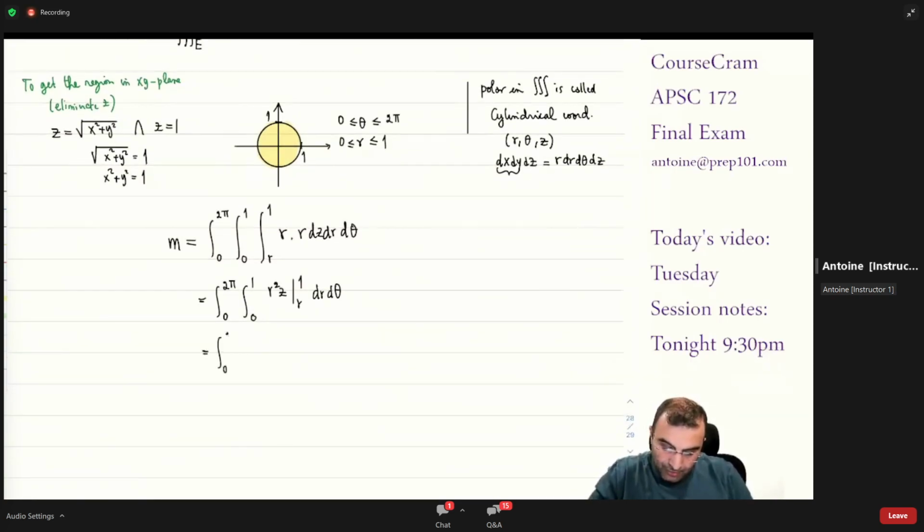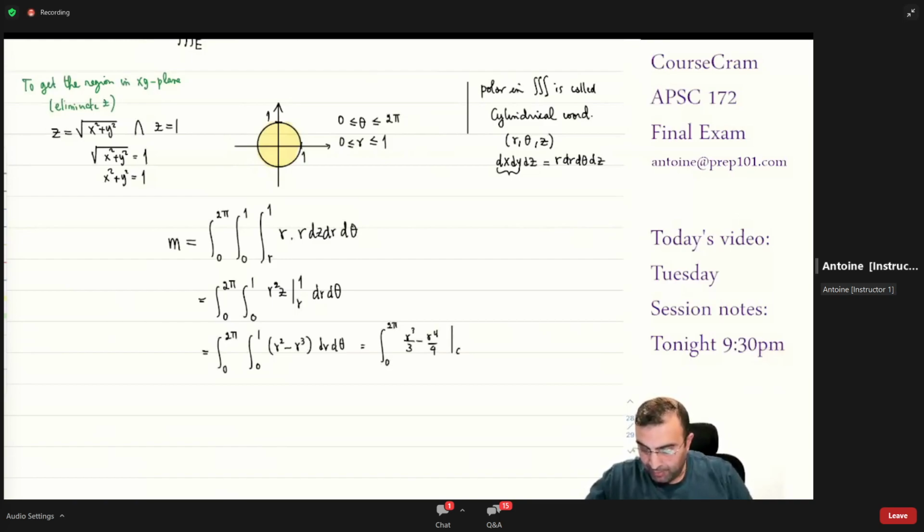The integral from 0 to 2 pi, the integral from 0 to 1. So this would be r squared minus r cubed, dr d theta. The integral of r squared is r cubed over 3 minus r to the fourth over 4 from 0 to 1, d theta. So this is 1/3 minus 1/4, which is 1/12 d theta.